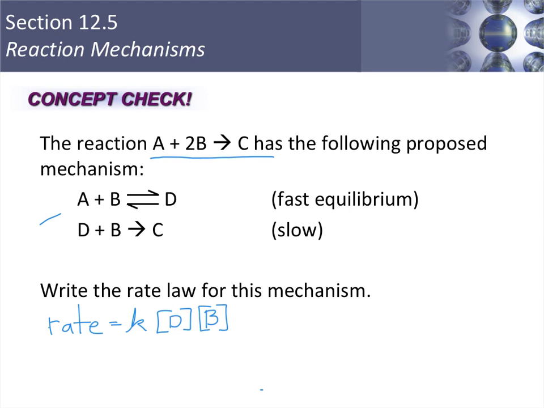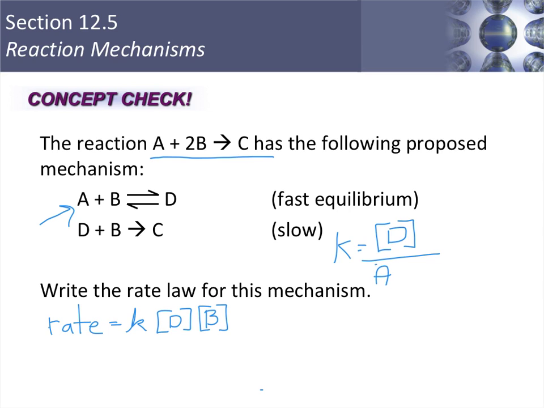So if you notice up here, we can write what the equilibrium expression would be for this first reaction. So the equilibrium expression is just the concentration of the product, so in this case that would be D, raised to whatever exponent is equal to the coefficient. So the coefficient is 1, so we just have that. And then over the reactants.